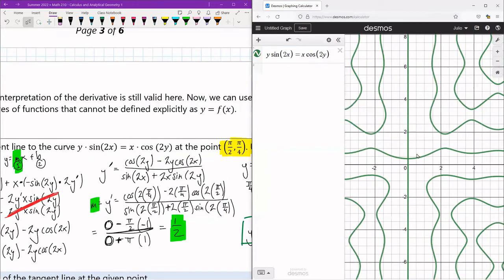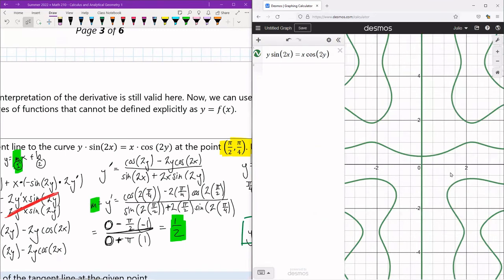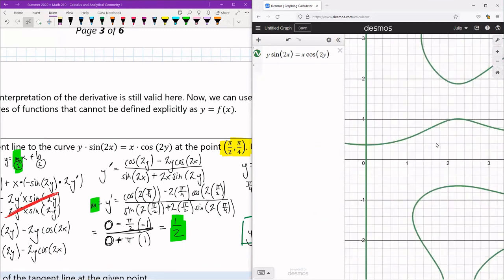This is going to be one of the wildest graphs you guys will ever see. We need the tangent line at this point right here, pi over 2, comma pi over 4. That's about right here.